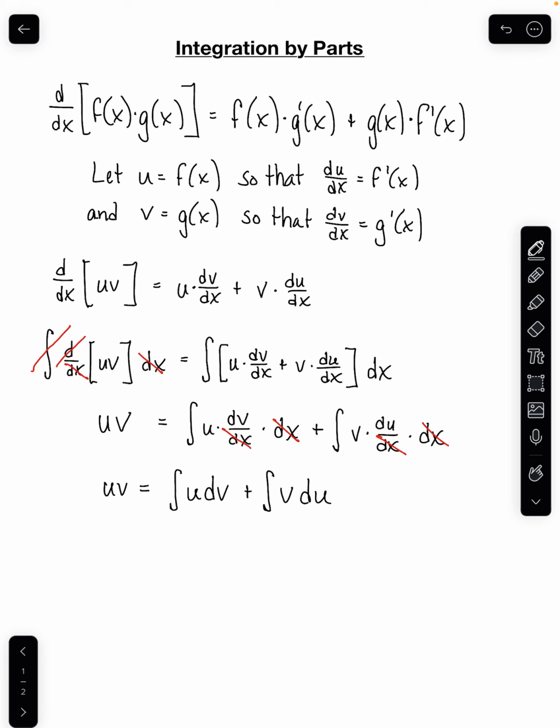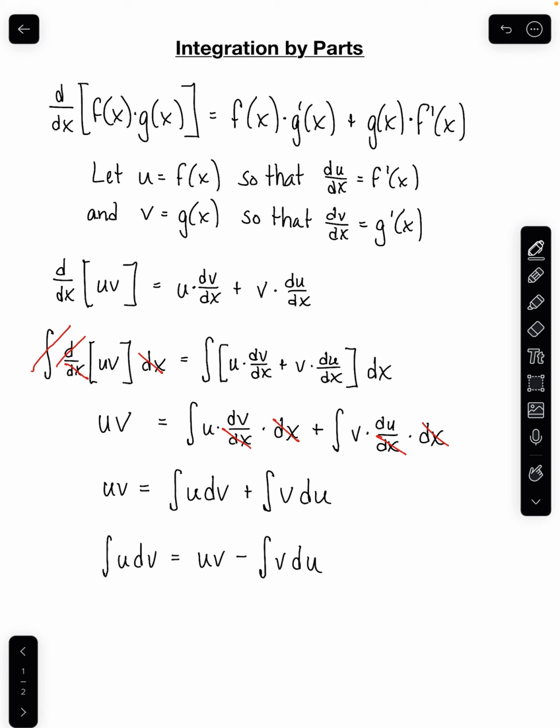Almost there. One last step. We can rework this so that it ends up with the integral of u dv on one side. And on the other side, we're going to have uv minus the integral of v du. A little bit of quick algebra will get us there.